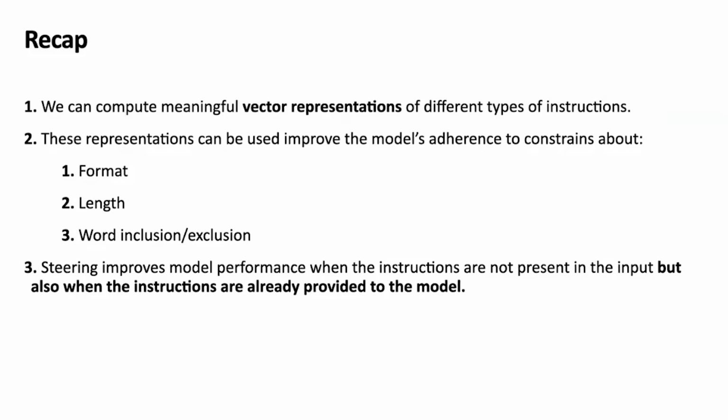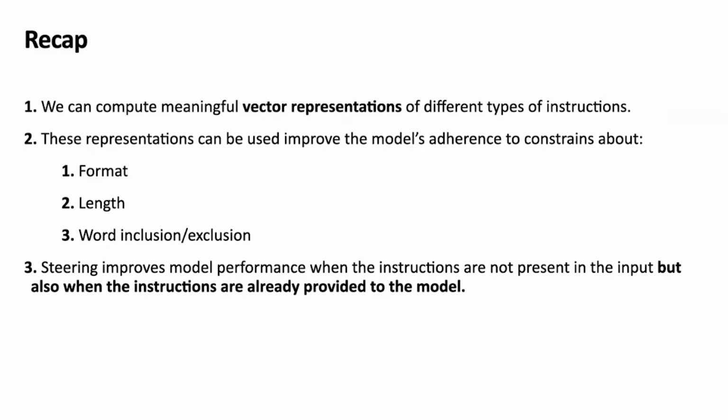The improvements that we observe by performing the steering procedure appear not only when the model is not provided the instruction, in which case they can be seen as a replacement for the tokens in the input that specify the constraint, but also when the constraint is actually already specified.